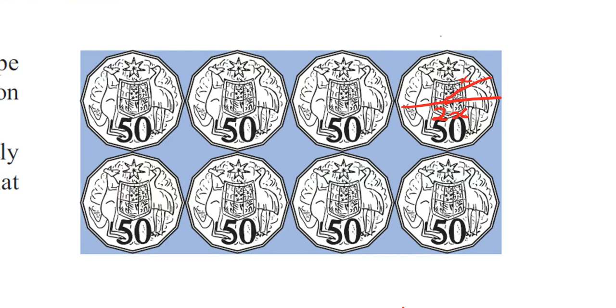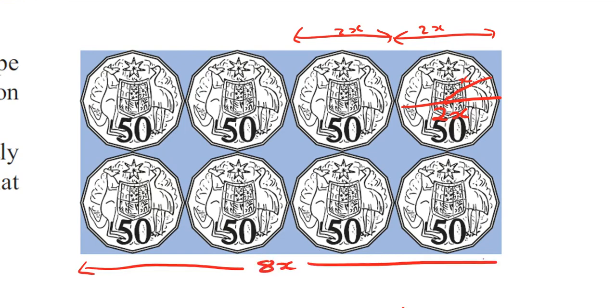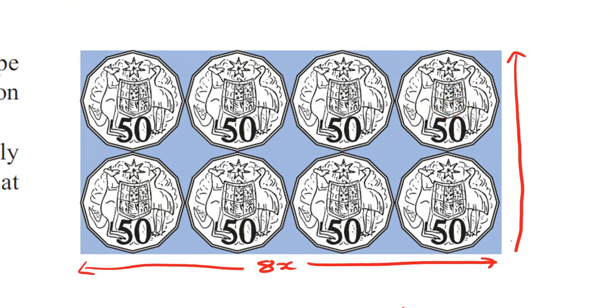So if I've got 2x there, and another 2x across here, and then another 2x on the next one, another 2x on the next one, then overall I've got 8x in length, and I'm sure you've already got the width here. This width, of course, is going to be 4x.